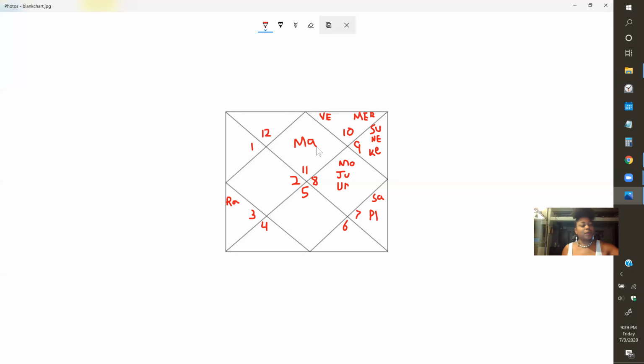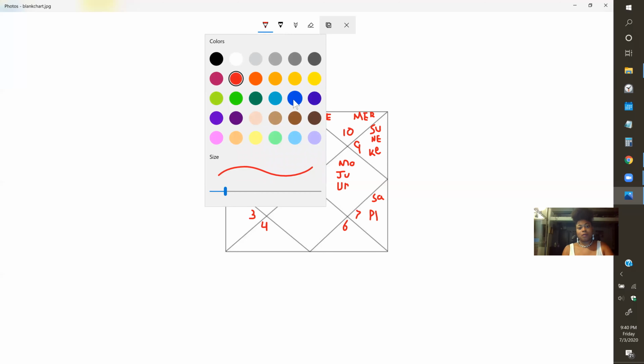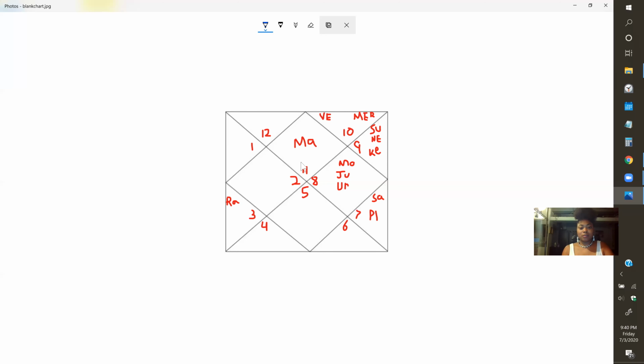So in this video, we're going to get into, obviously, the planets, okay? So these are the planets in the houses. This is what it looks like, but much messier. When you have the sign, which is right here, the sign is the number, and then you've also got a planet in that same house, okay?